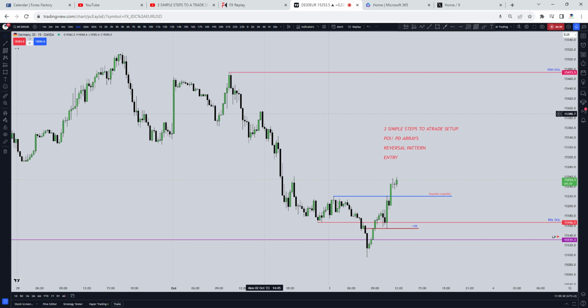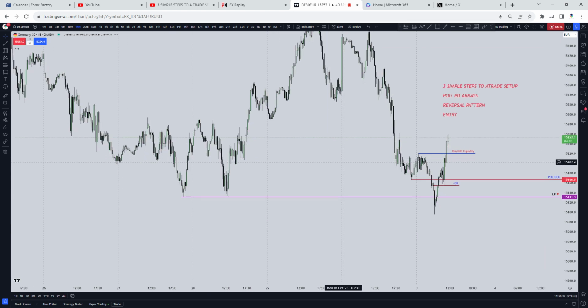However, since we have buy side and sell side liquidity, you will never know which liquidity is to be taken first unless you have a structure that is showing you which liquidity to be taken. So structure is a ladder by which the market climbs on to attack a liquidity level.